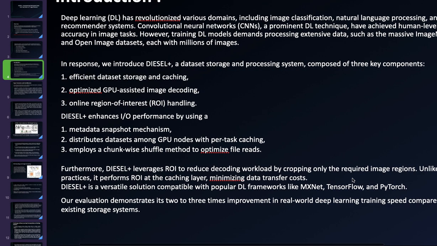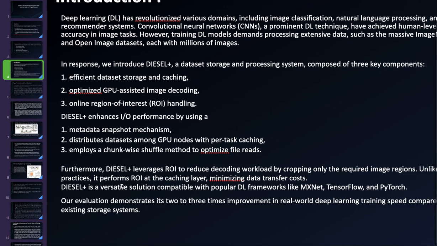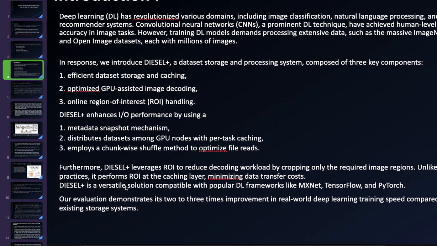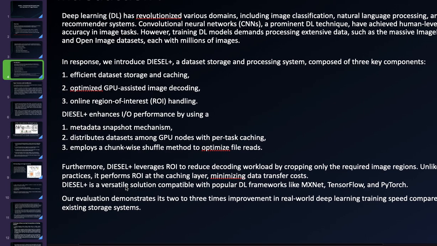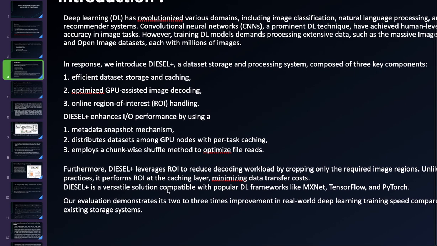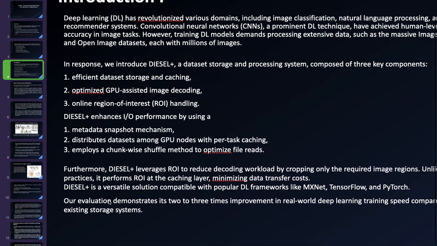Unlike current practices, Diesel Plus performs ROI at the caching layer, minimizing data transfer cost. It reduces data transfer cost because ROI is performed in the caching layer before data is transferred from the caching layer to the training nodes.